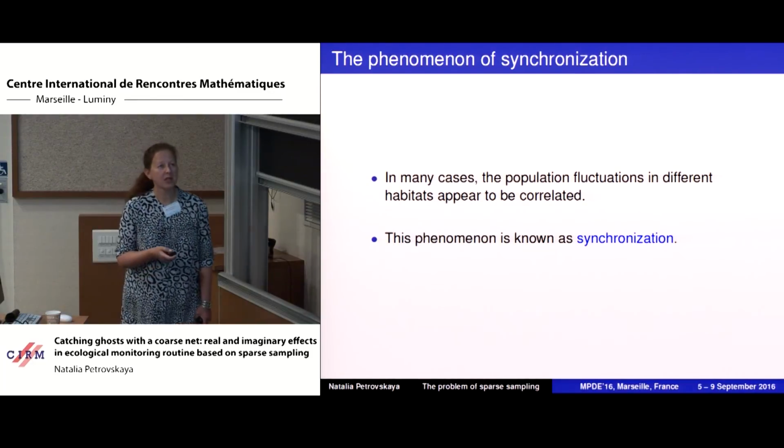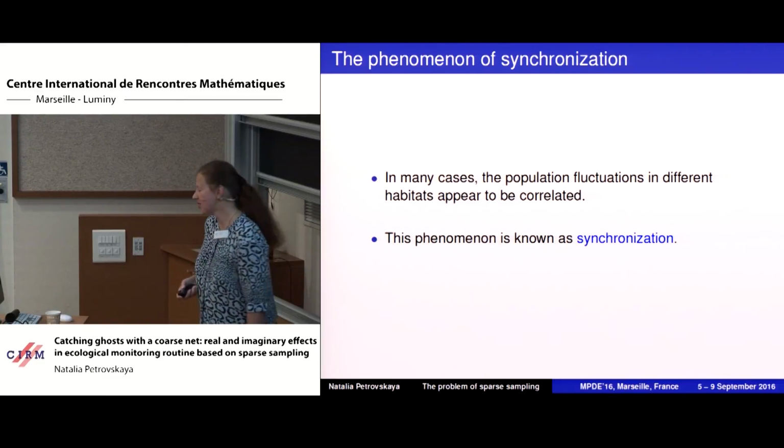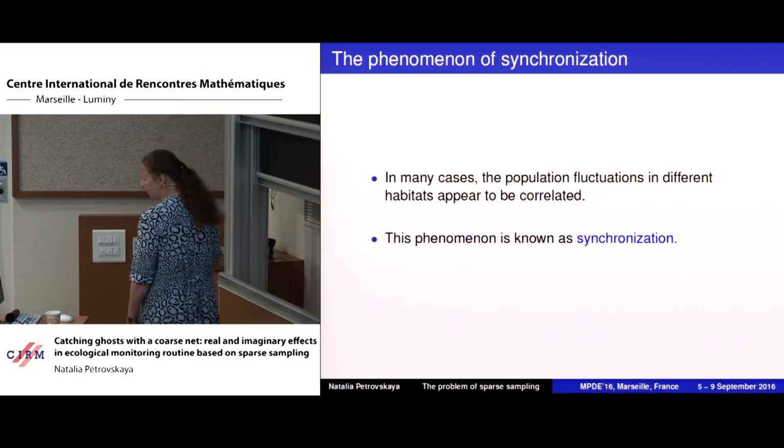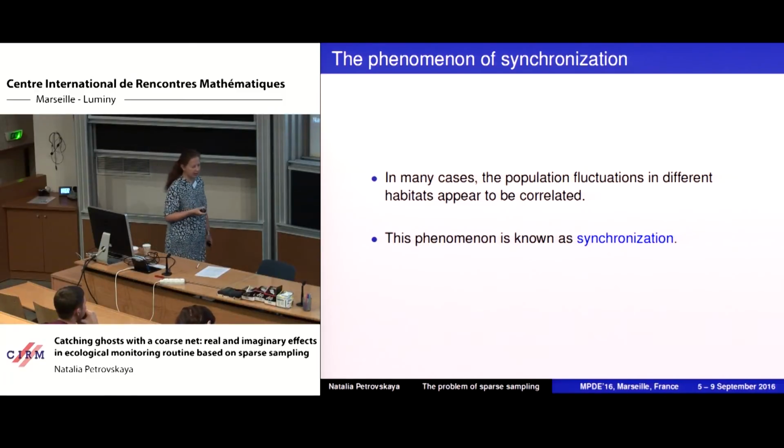So what is synchronization? Maybe a bit of a loose definition, but people talk about synchronization if they see population fluctuations in different habitats. So now we introduce time into our problem, and those population fluctuations appear to be correlated.